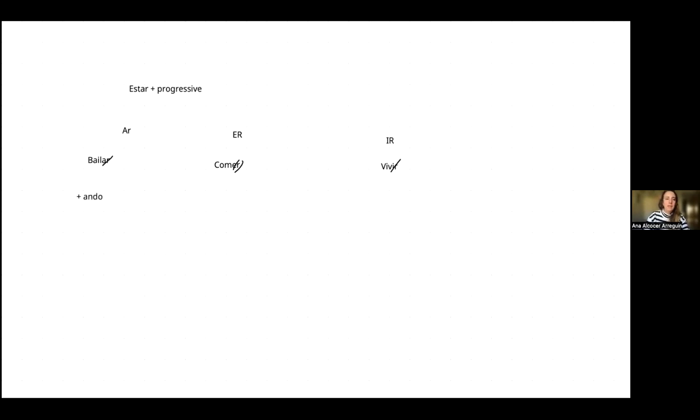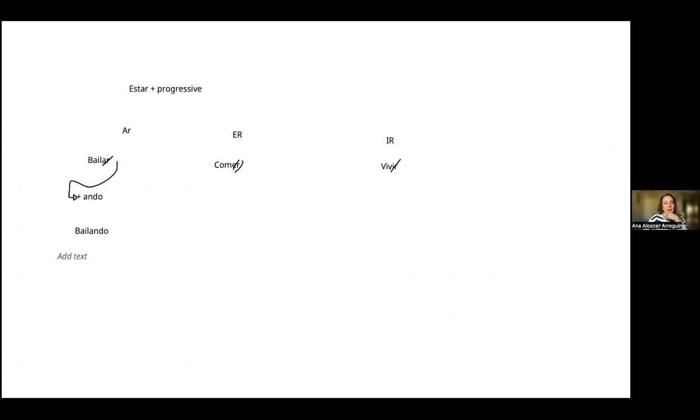So in this case, if we take bailar, we take out the AR and we're left with bail, and then we attach ando: bailando. And it depends on the subject, but like estoy bailando.